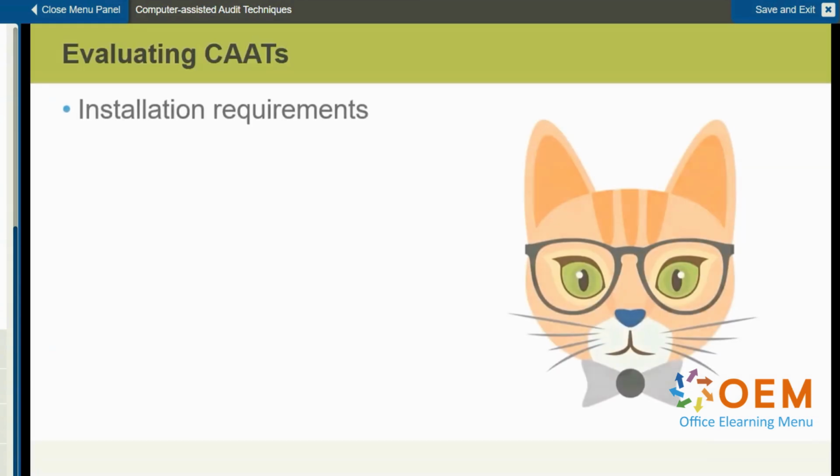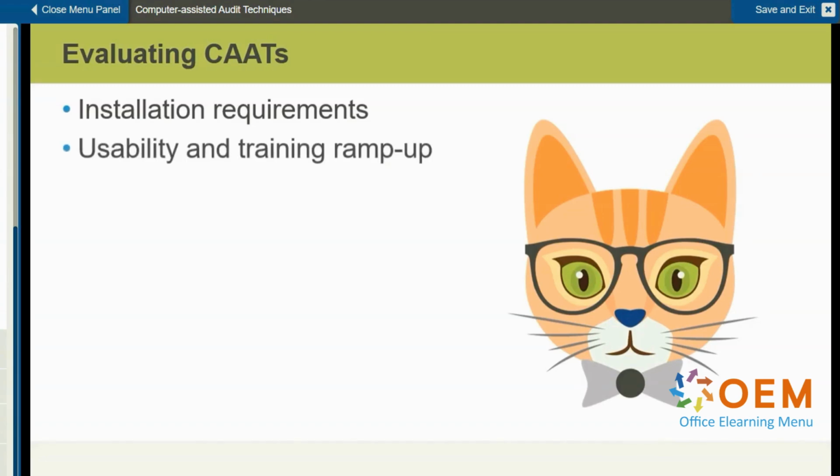So check them out. When an IS auditor makes the decision to use the computer-assisted audit techniques, there's going to be several things to consider. For example, what are the installation requirements? What platforms do they run on? What's the usability? What's the training ramp up or the learning curve to use this CAT? Is the technique and tool flexible for a wide variety of businesses and organizations?